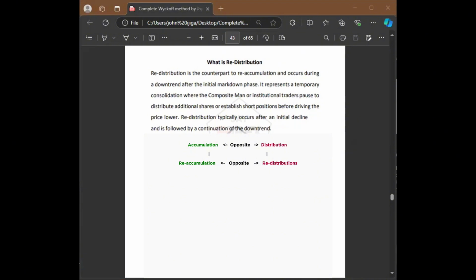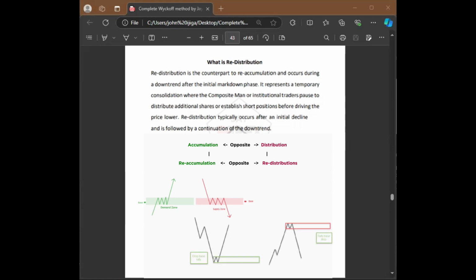Now, coming back to supply and demand, if you're familiar with supply and demand laws, not just the identifications on technical analysis, you will know that we have something we call the rally-base-rally, the drop-base-drop, the rally-base-drop and the drop-base-rally.